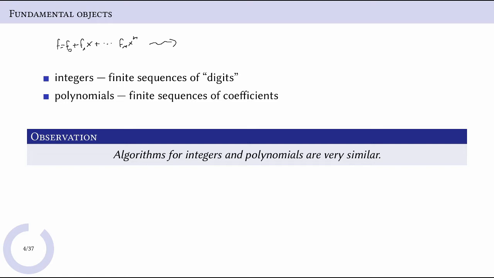From the point of view of computer algorithms, it is stored as a sequence of its digits f0, f1 and so on up to fm. Likewise, if we have some integer n, we can think of this integer as a sum of powers of a certain base times digits, where we have a fixed base, beta, which is fixed.